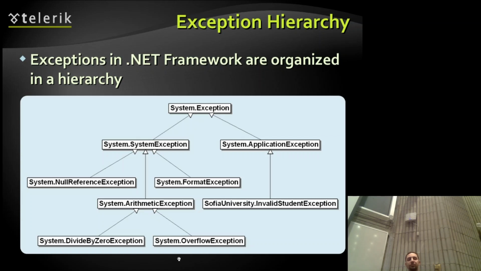Now, arithmetic exception, for example, has lots of different subtypes. Anything that's an arithmetic exception will be caught by this type. But you could also specify, I only want to catch divide by zero exceptions or overflow exceptions. Okay? Now, format exception is one that int.Parse will throw. Overflow exception is something int.Parse will throw.